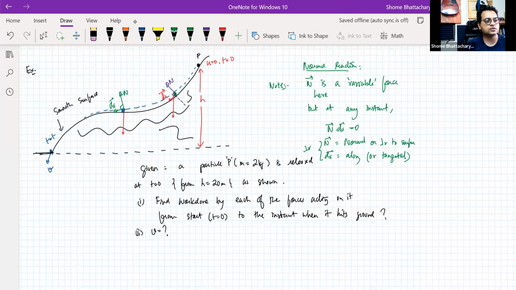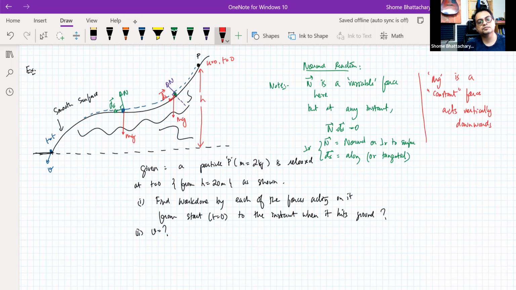We just need to calculate the dot product. mg is a constant force, acts vertically downwards. So work done by mg, just do by dot product method.